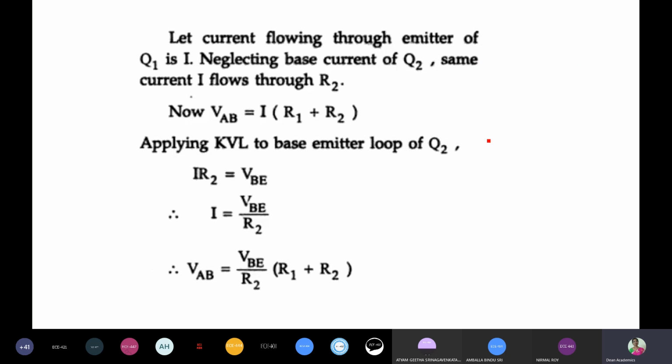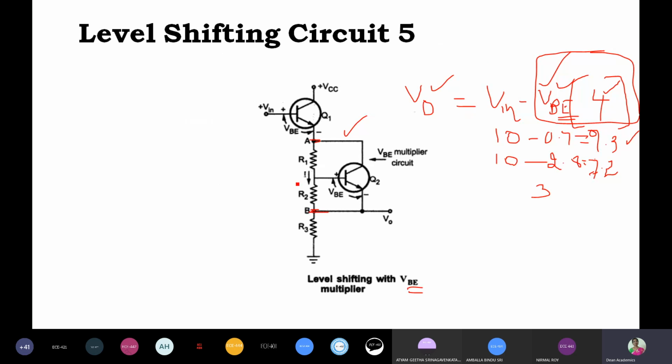Now let us assume that current I is flowing through resistor R1 and R2, assuming that there is a very negligible current flowing through this, because I is entering here. At this point it has to get divided into two directions, but let us assume that it is very small, negligible. So let us assume I is flowing through R1 and R2, right?